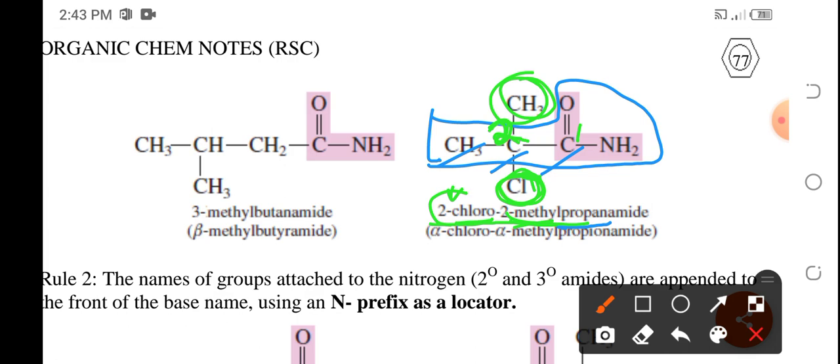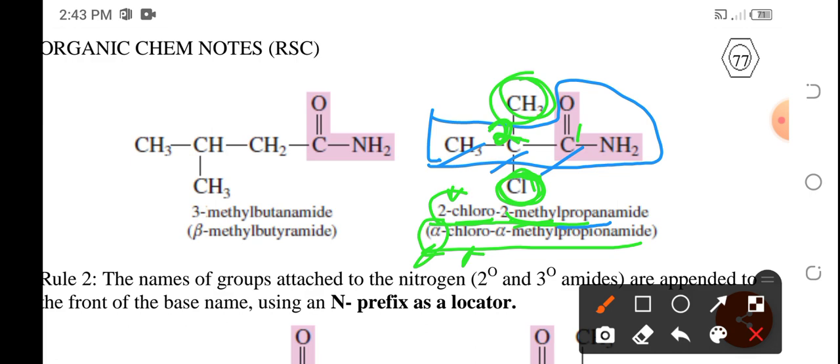Okay, and here the common name for this is alpha-chloro-alpha-methylpropionamide. The alpha should be separated from the name of the substituent because these Greek letters are serving as locants or locators for this substituent.